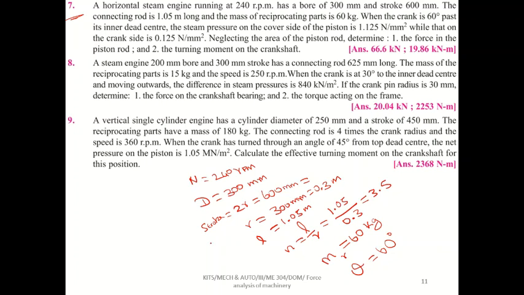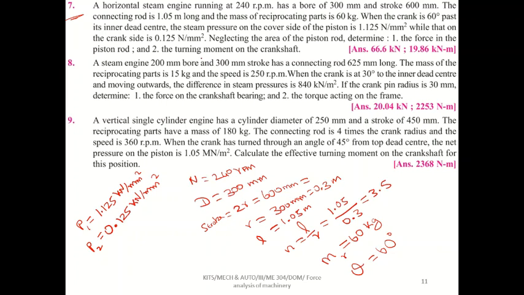So theta value is 60 degrees, and they gave P1 and P2. In the earlier problem they gave P1 minus P2, but here they gave P1 as 1.125 kilonewton per mm square and P2 as 0.125 kilonewton per mm square. Neglecting the area of the piston rod, so they have neglected the A2 value. Determine the force in the piston rod and then the turning moment on the crankshaft.